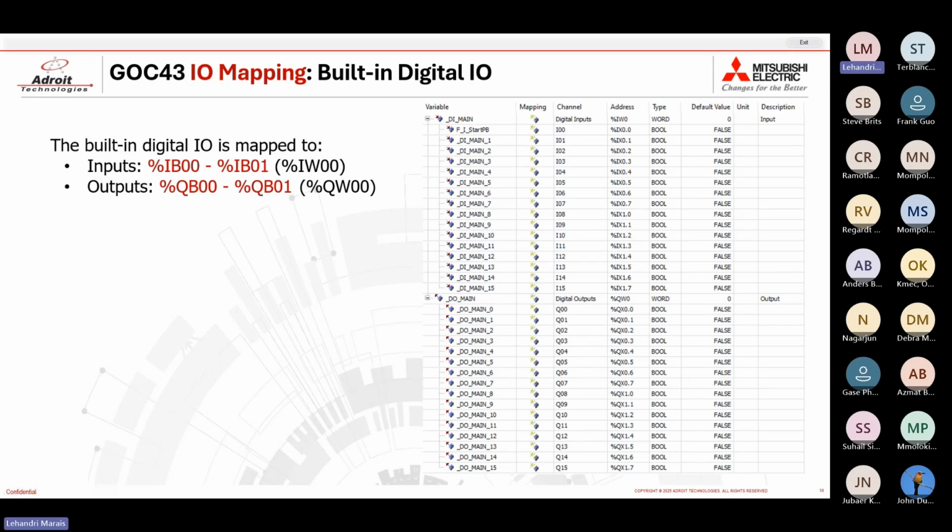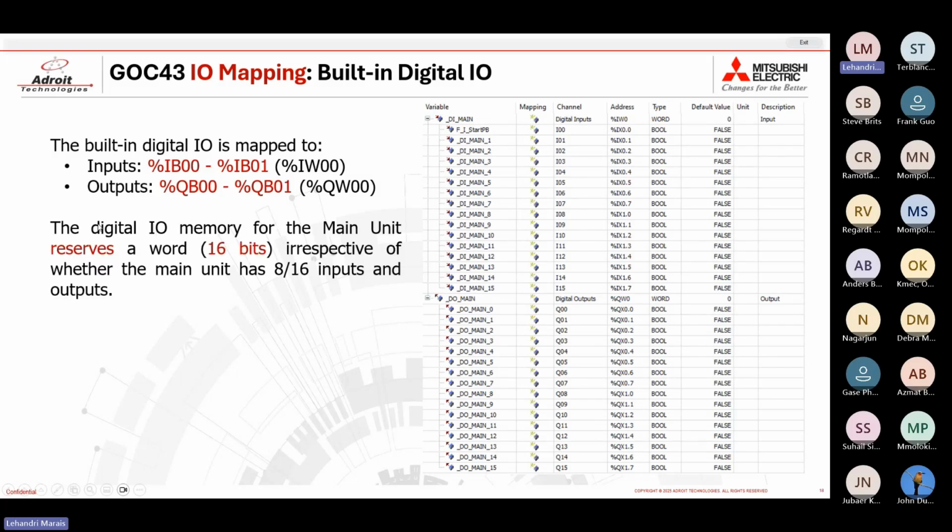When it comes to your built-in digital IO, the range for your inputs is input word 0, or if you want to go to the bytes, input byte 0 to input byte 1. Your outputs are the same, going to output word 0. So for the digital IO, whether your main base has 8 inputs and outputs or 16 inputs and outputs, the entire word, or 16 bits, is reserved irrespective of what option you have.